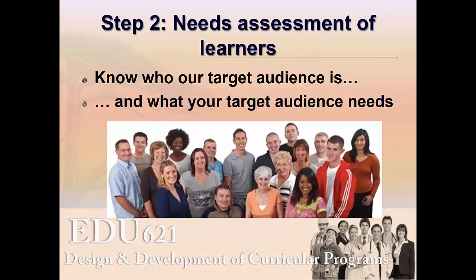And then you will know that there's a specific skill set they will need to leave your certificate program with. So these are the things you start doing and finding out about as you do your needs assessment of learners.